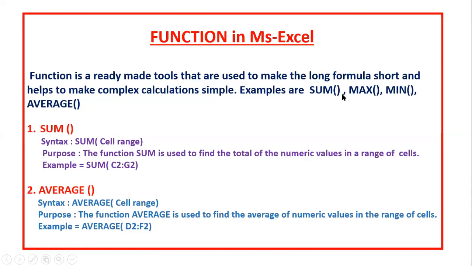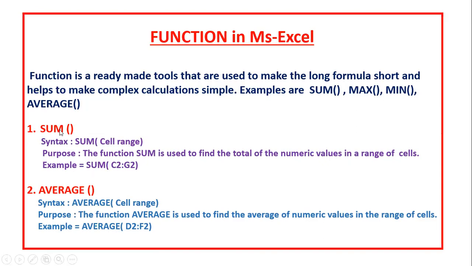Examples of functions are sum, max, min, average. So I hope you know what a function is. In a simple way, it is a ready-made tool used to make a long formula short. The four functions you have to use for calculation are sum, max, min, and average.